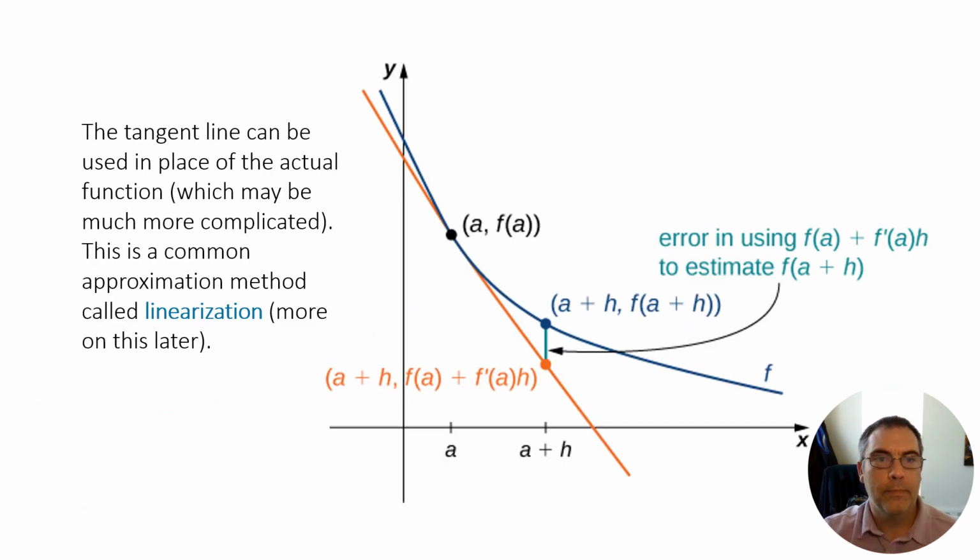Now lastly, I'll point out that this process that we've just gone through to find the tangent line to the curve is also called linearization. And in addition to being the basis for a derivative, this is a pretty common approximation method.